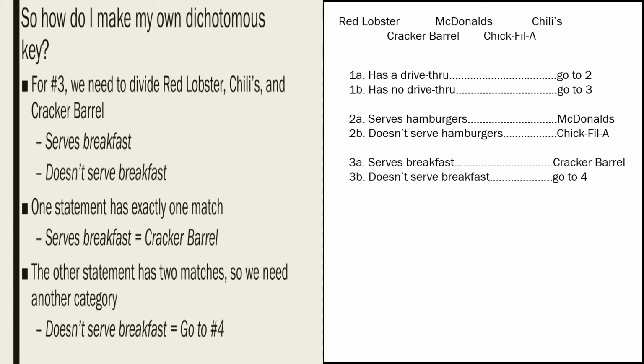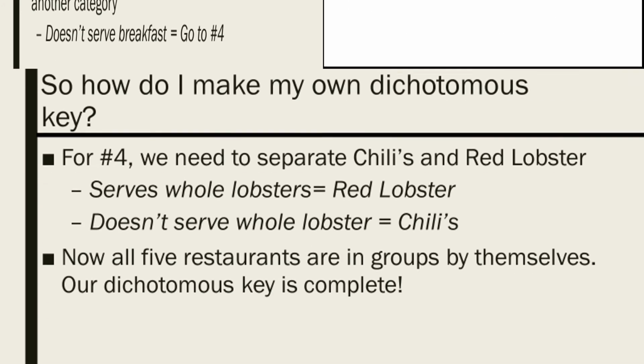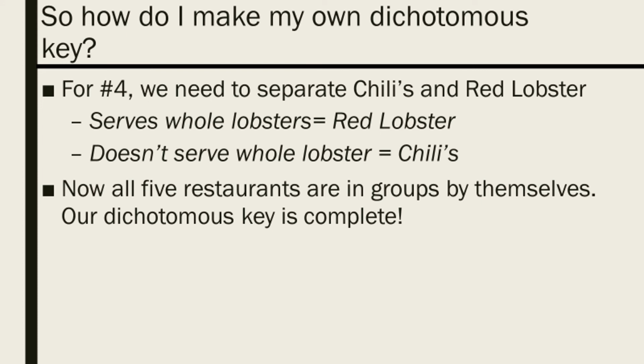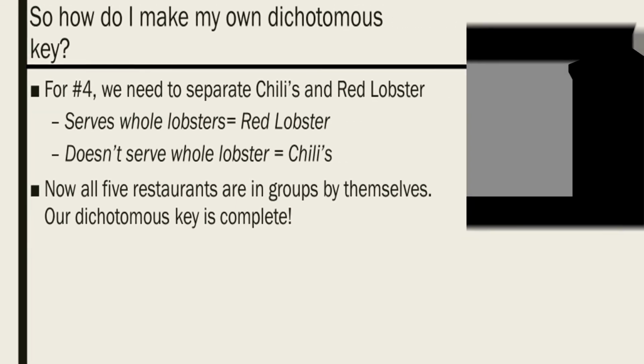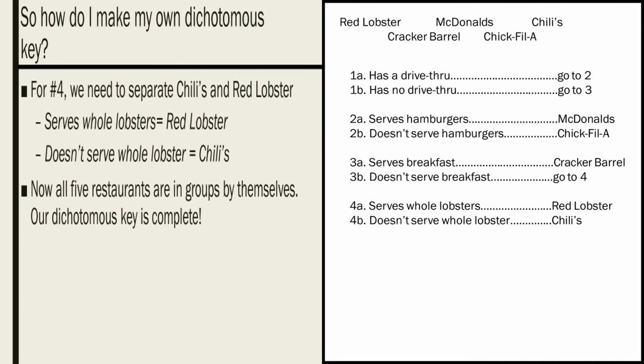We're down to 2 restaurants left to break down. For number 4, we need to separate Chili's and Red Lobster. Simple enough: serves whole lobster and doesn't serve whole lobster. Now all 5 restaurants are in groups by themselves, and our dichotomous key is complete.